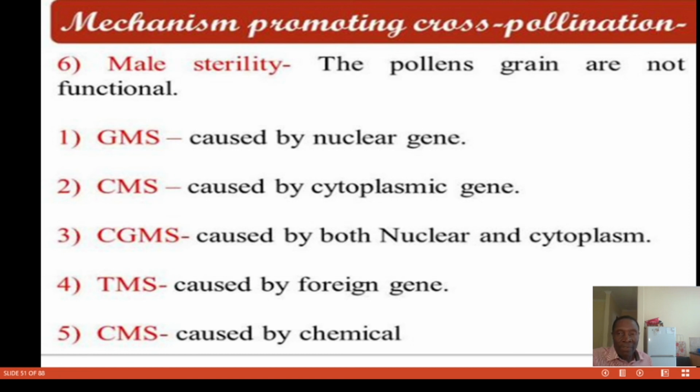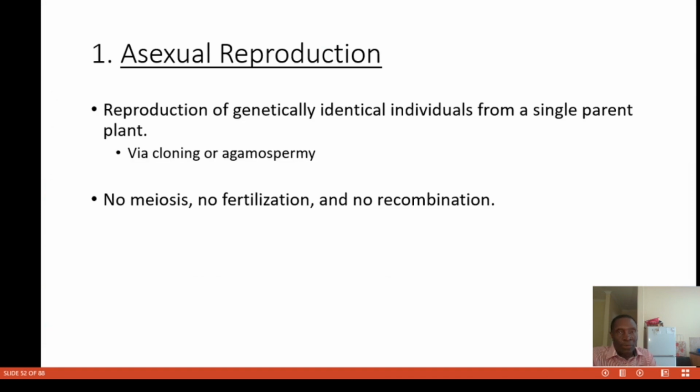Then we have the cytoplasmic and genetic, caused by both nuclear and cytoplasm. Then we have the TMS caused by a foreign gene. Then we have the CMS caused by chemicals. So these are the various ones.